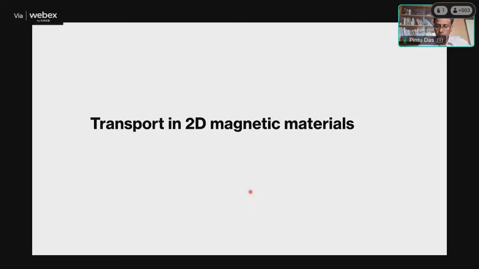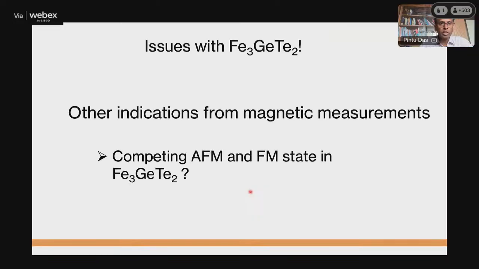So let me quickly discuss a little bit about 2D magnetic materials, van der Waals magnets. I'll take one particular example of what you learn from this. One important aspect in van der Waals magnets is, for those of you working on magnetism, you know that you typically do a SQUID or VSM measurement to measure the magnetization of these materials.